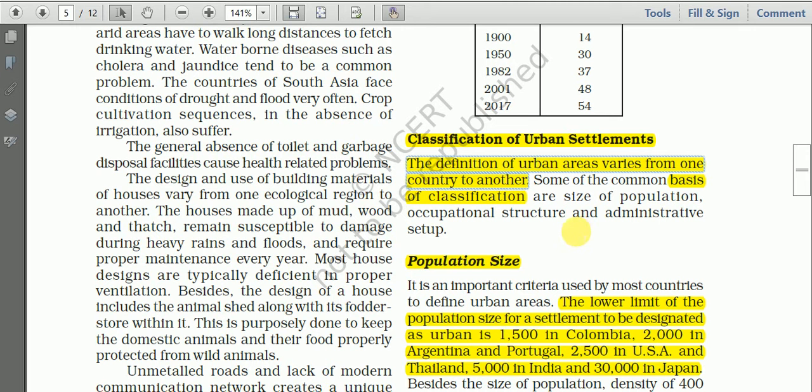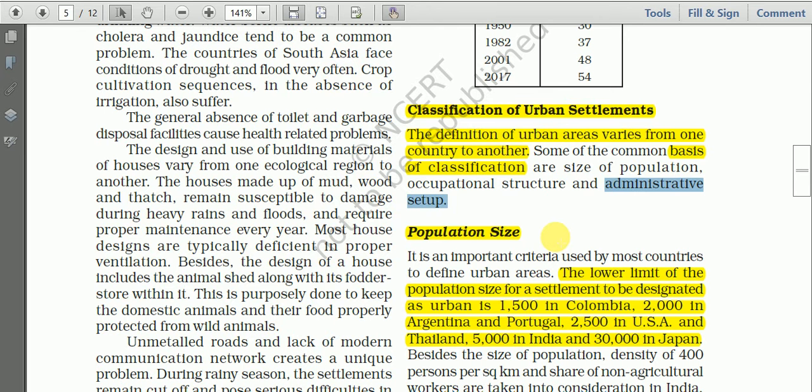So some common bases of classification of urban settlements are these: size of population, occupational structure, and administrative setup. So these are the three important bases or criteria for classifying settlements into urban. The first important basis is the population size.